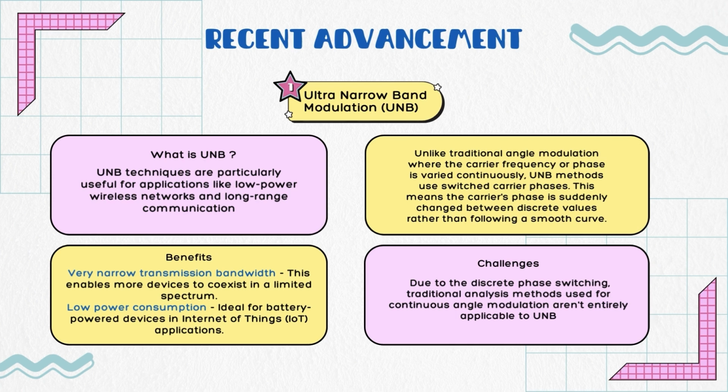Unlike traditional angle modulation, where the carrier frequency or phase is varied continuously, ultra narrow band modulation gives a very narrow transmission bandwidth, which enables more devices to coexist in a limited spectrum. At the same time, it also gives low power consumption, which is ideal for battery powered devices in Internet of Things applications.